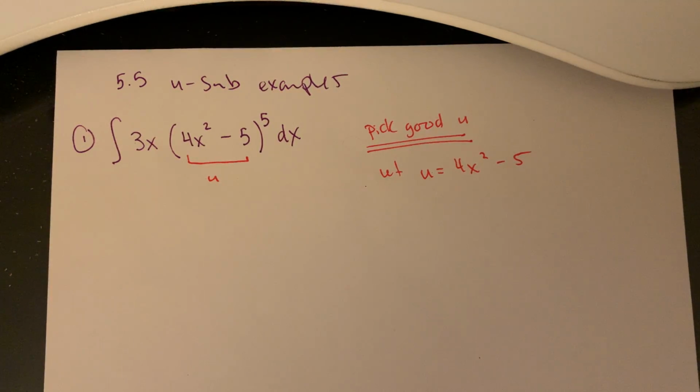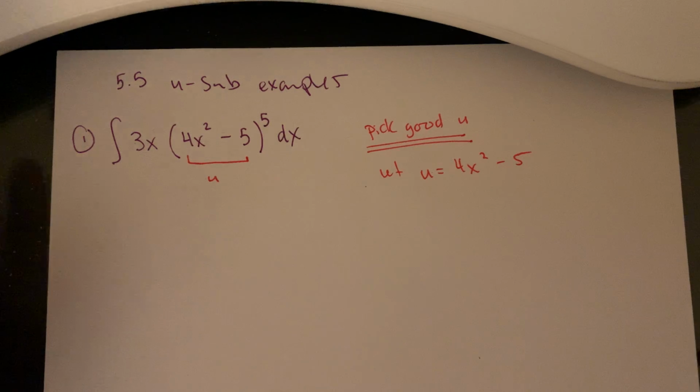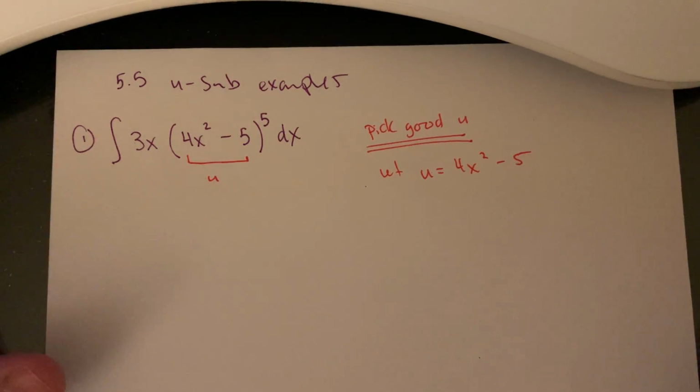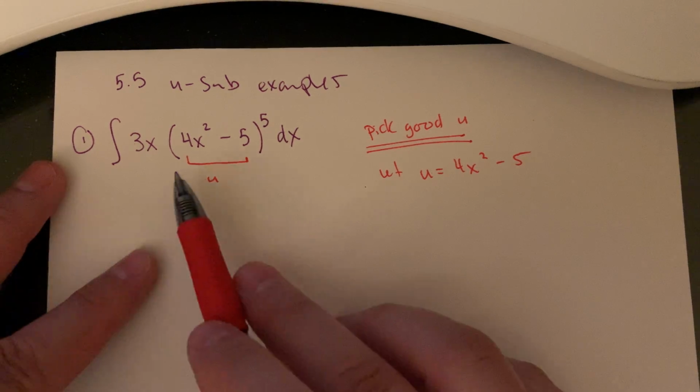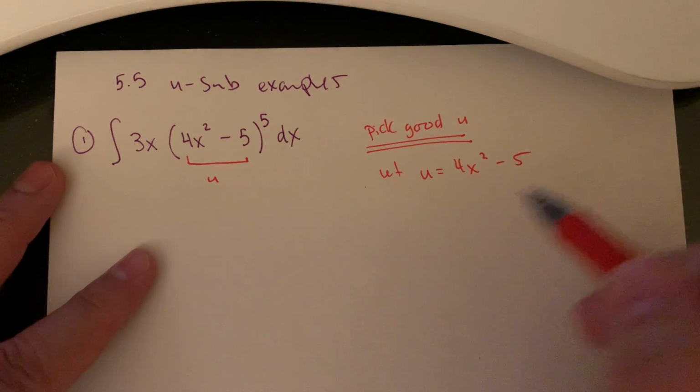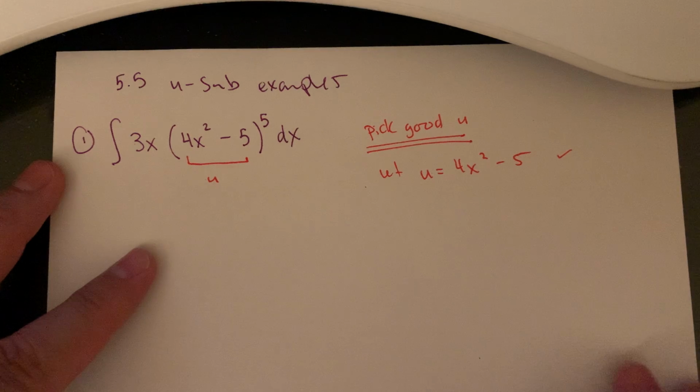They don't really help us or simplify this in any way. So I wouldn't recommend just subbing in random things and seeing what happens. That's chaotic and isn't going to help. But if we pick just the right one, then we can do this. So I want to pick whatever's inside my parentheses, 4x squared minus 5. Okay, so let's let U equal that.